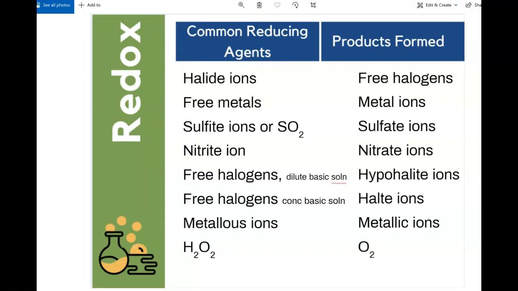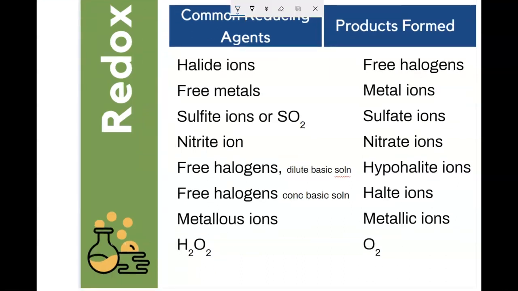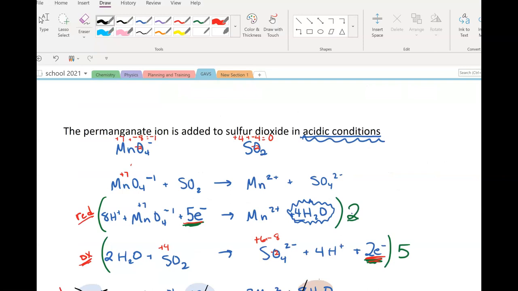On a list of common reducing agents, things that are oxidized, are sulfide ions or sulfur dioxide molecules, and they're going to become sulfate ions. So returning to my reaction, my permanganate is going to now be in manganese 2 ion form, and my sulfur dioxide will now be in sulfate form.